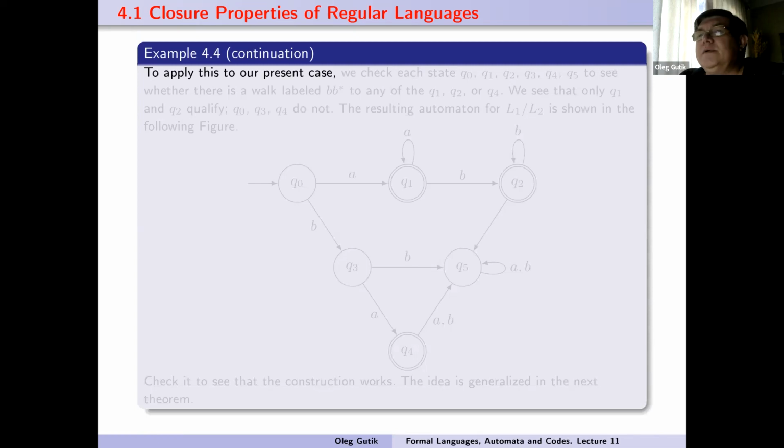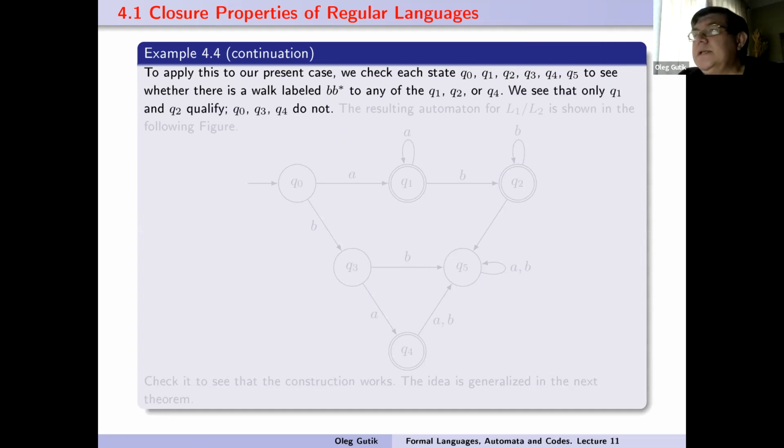To apply this to our present case, we check each state q0, q1, q2, q3, q4, q5 to see whether there exists a walk labeled by a word of the form bb* to any of the final states q1, q2, or q4. We see that only q1 and q2 qualify, while q0, q3, q4 do not. The automaton for the right quotient of language L1 with language L2 is shown in the following figure.